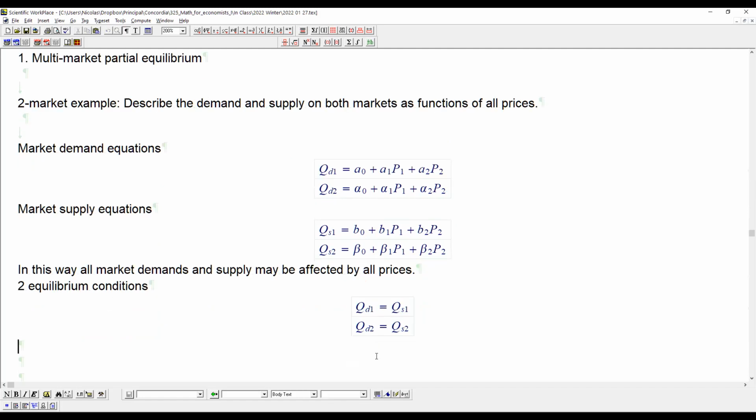So that's it. How many unknowns? How many unknown variables do I have to solve? A bit more than 2. What do I not know?